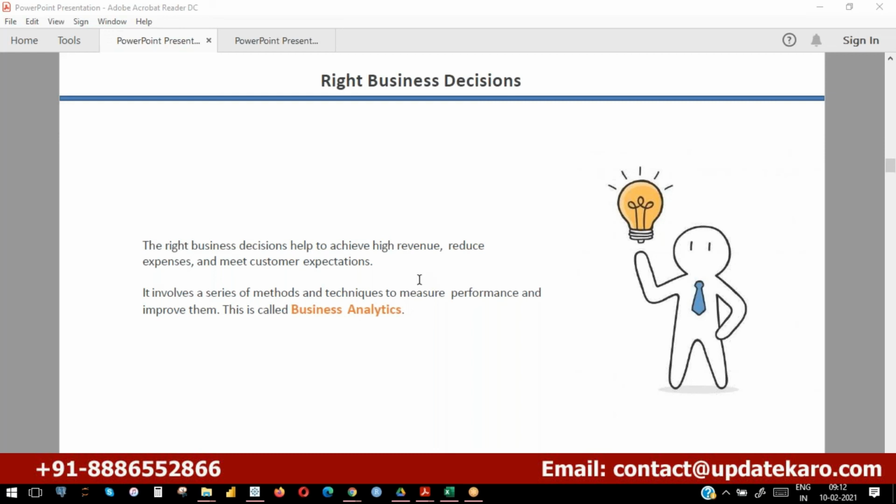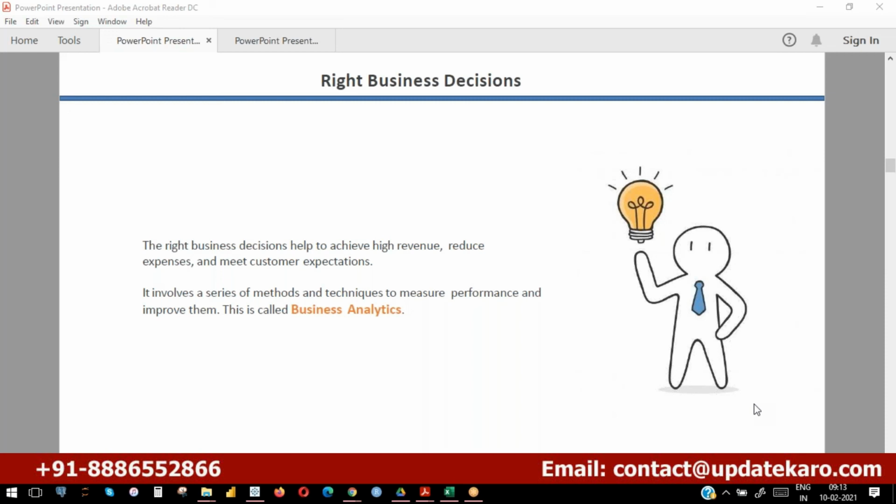Vamshi, this is a question to you. Is this the right decision? If your sales is going down by taking a decision, and you are increasing your expenses, and it is not meeting your customer expectations, is it a right decision?